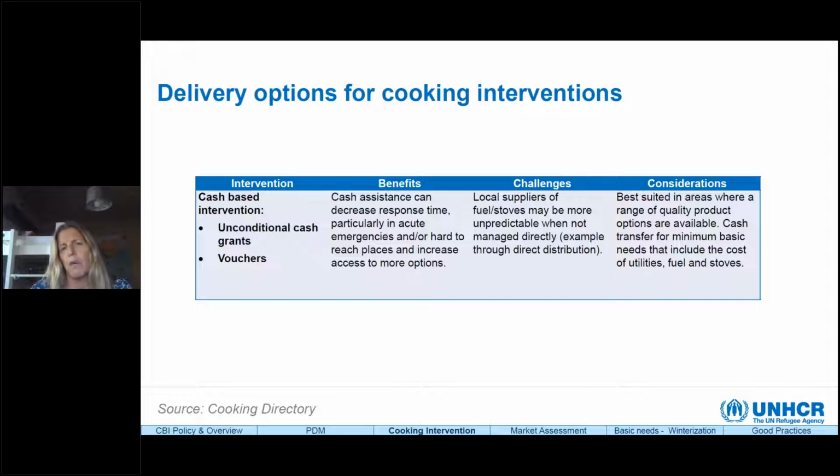It's also part of our direction not to have too many standalone programs with costly monitoring, where we condition the cash, so they have to come back and show what they bought, or we give a voucher so they have to buy exactly that. It's not part of our direction. We believe that refugees can prioritize themselves, and therefore we often include costs for energy, including for cooking, in the basic needs grant. Next slide, please.